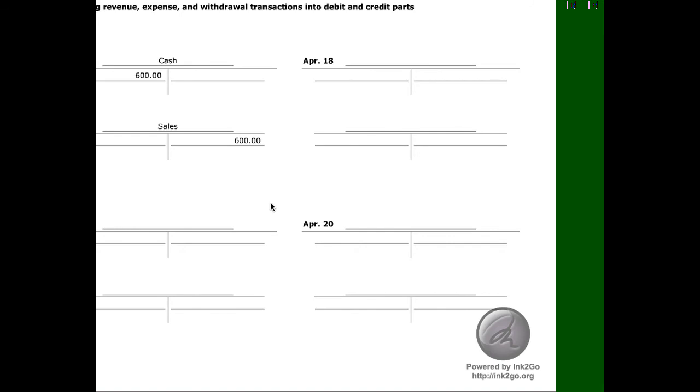On April 11th, we sold services on account to Sam Erickson for $850. We need to identify our two accounts again, which are accounts receivable Sam Erickson and our sales account. I'm going to put those in here.